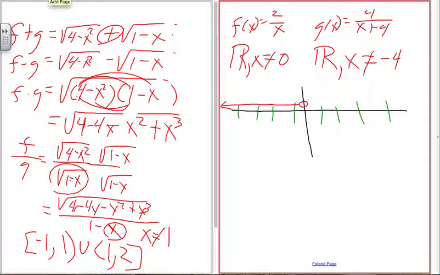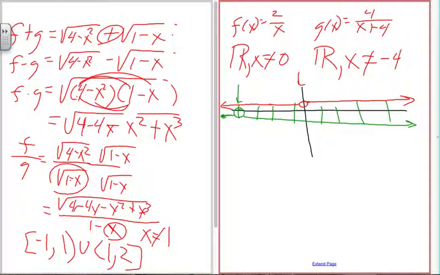So it can be anything out here or anything out there. It just cannot be that number. So the next thing I'm going to do then is take a look at this one. All right, well, I know on this one I've got to exclude -4, but it can be anything out there or anything out there.